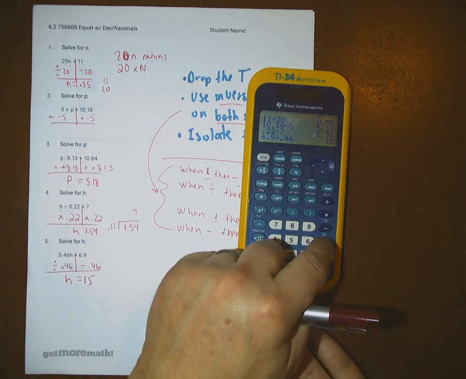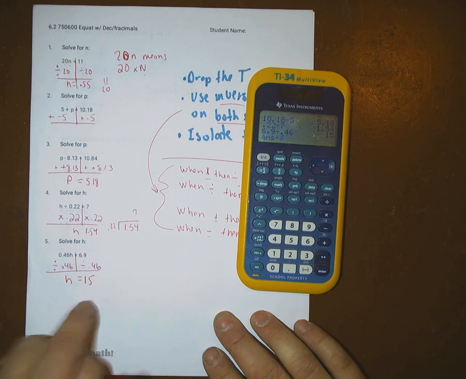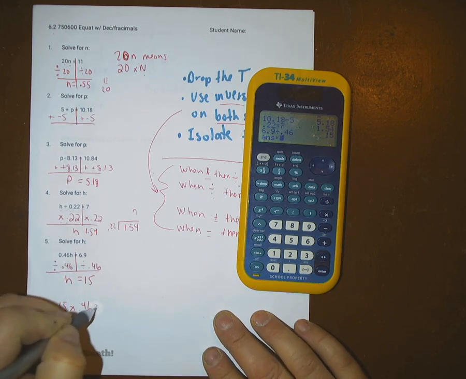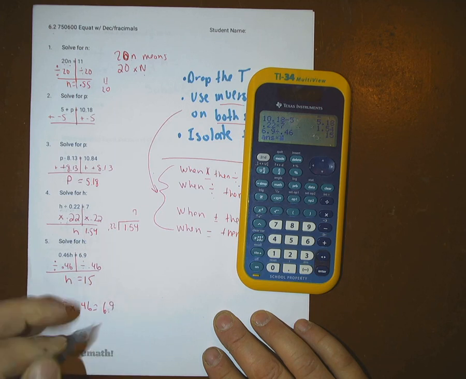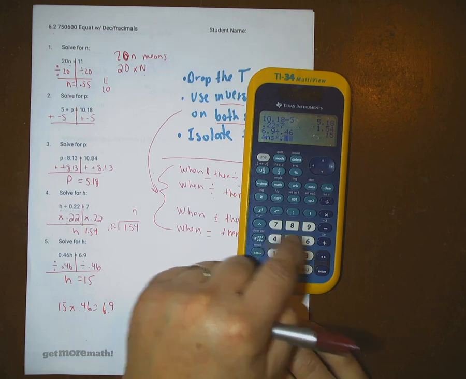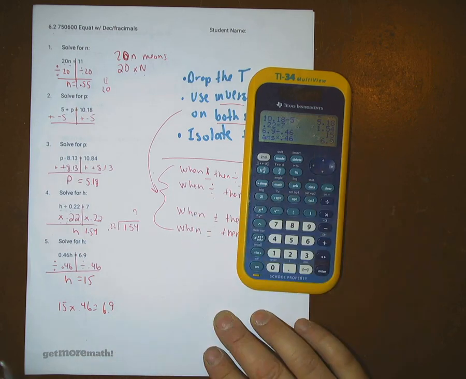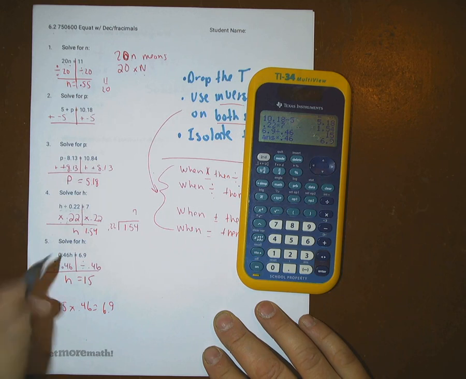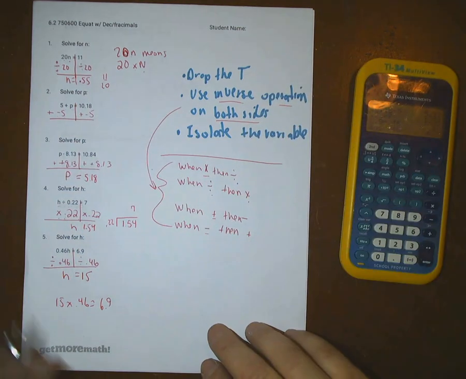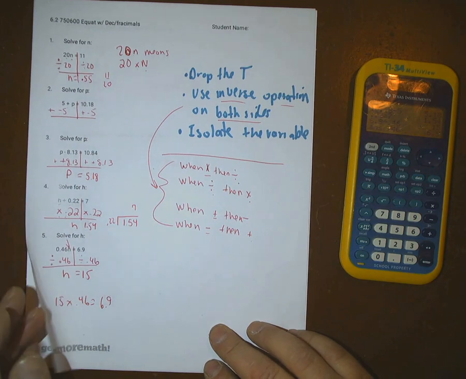So what that means is if I were to multiply 15 times 0.46, it should equal 6.9. So 15 times 0.46 equals 6.9. That's what's happening when we solve for those. We're locating what that variable is.